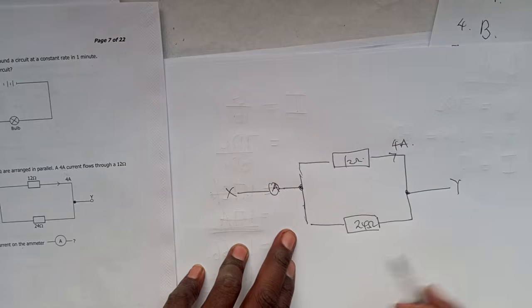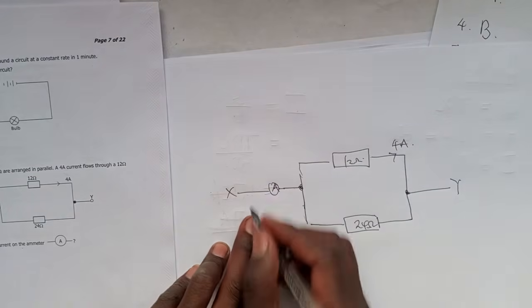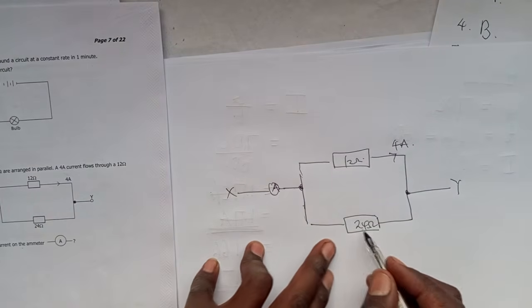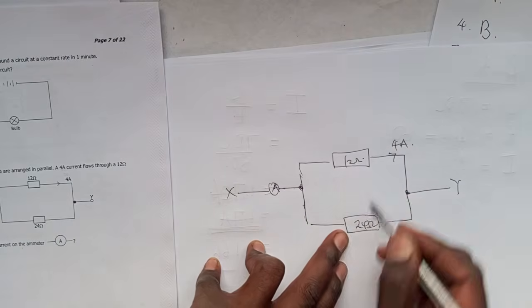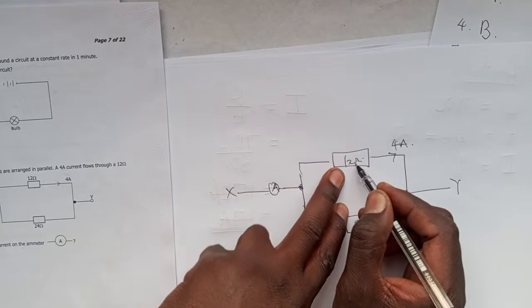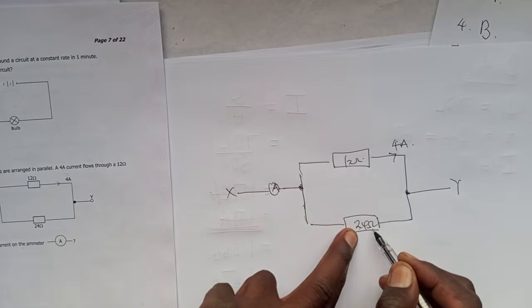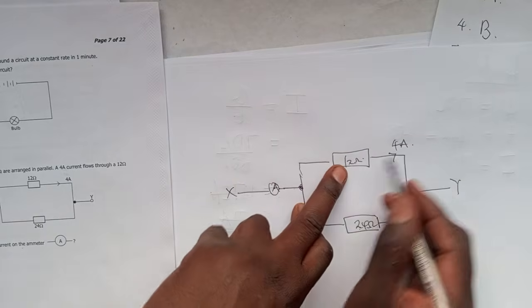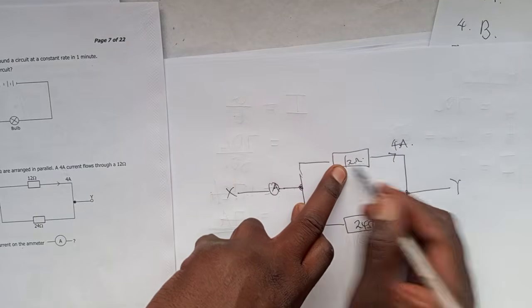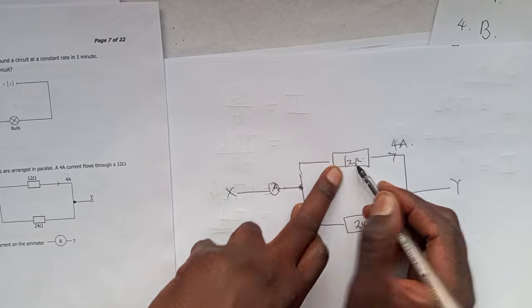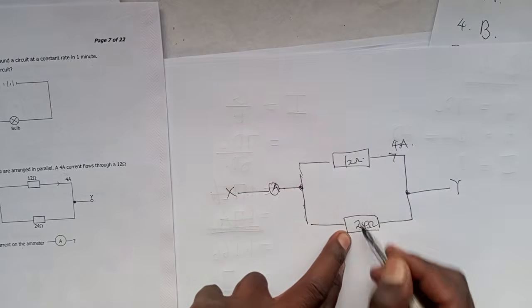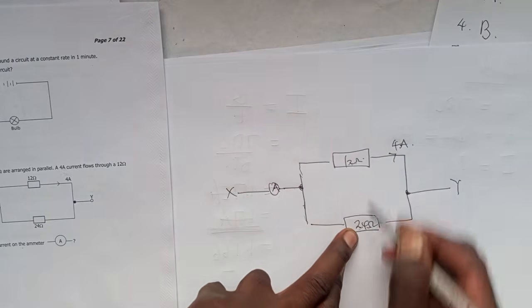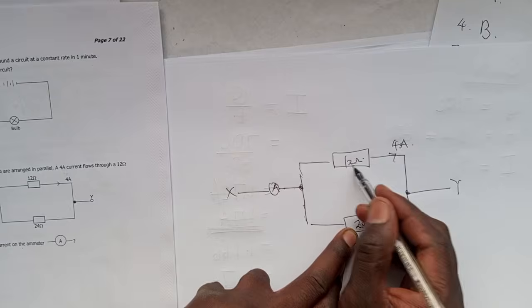Okay? So how it is here is that you have this resistance, which is 12 ohm, and this one, which is 24. So if 4 amps can flow where there is 12 ohms, then half of this will flow where there is double of this.